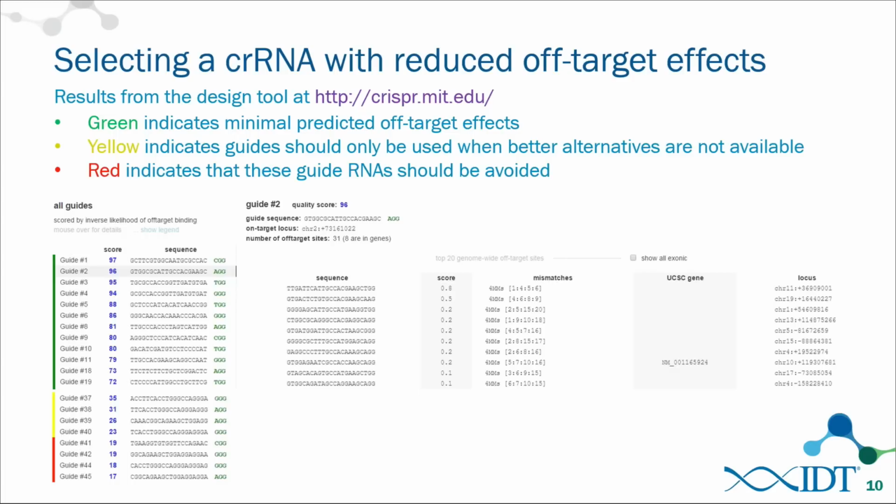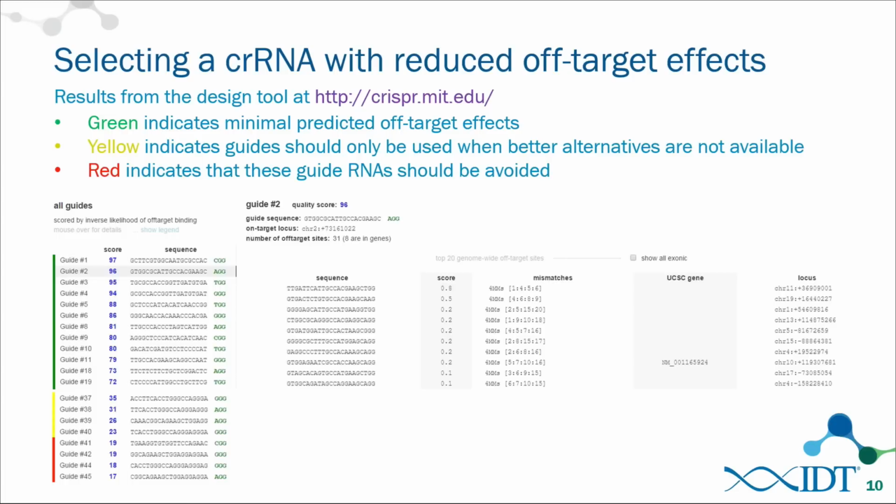And what you can learn additionally by hovering over any one of the guides, in this particular case, this represents the readout for guide number 2 listed at left. We see the specific off-target sequence that may be targeted by this particular 20 nucleotide protospacer. It tells you the score for that specific off-target site.